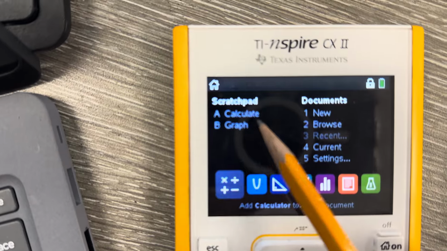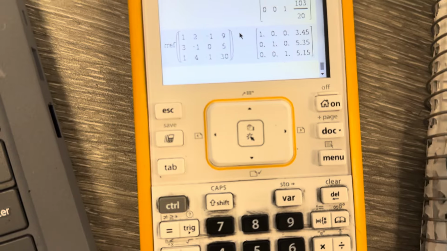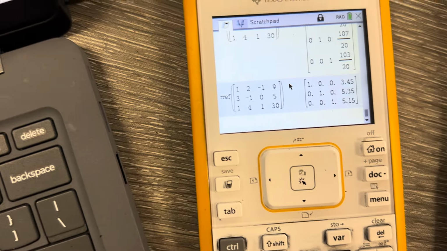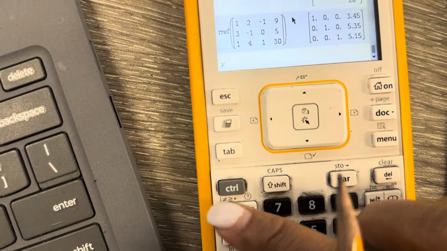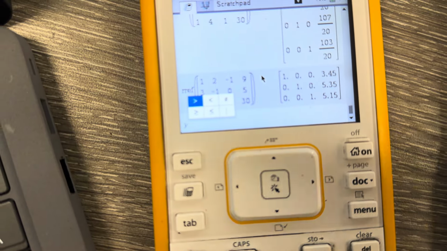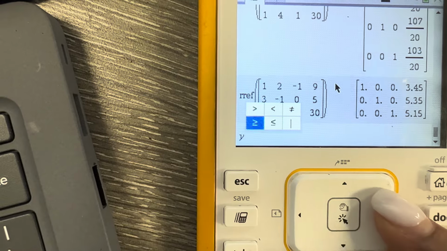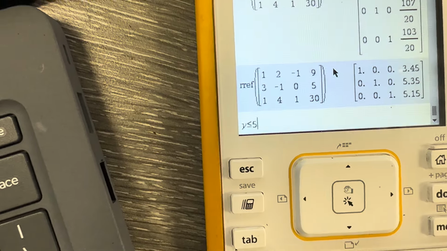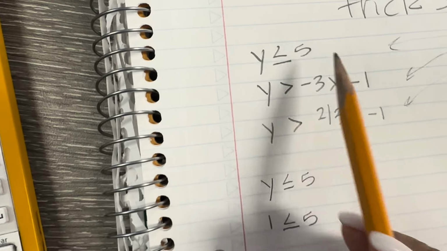Hit calculate, which is A. And you're going to do y less than, control equal, or equal to 5. So write what you see here, which is the inequality given.